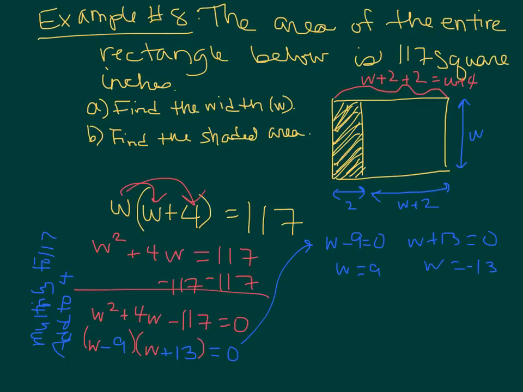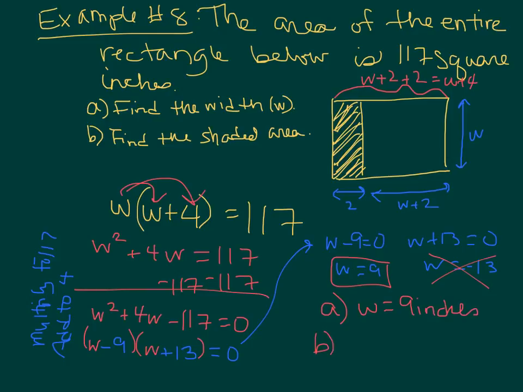Now, if you're thinking about the width of a rectangle, we can't have a negative width. So this negative 13 is not going to work. So our answer for that one is going to be just 9. So my width is 9 inches.